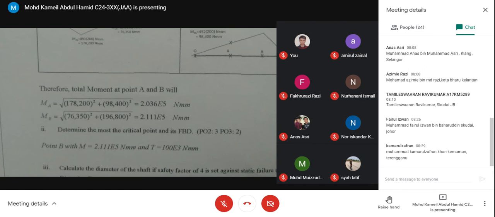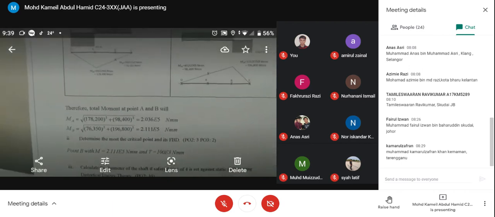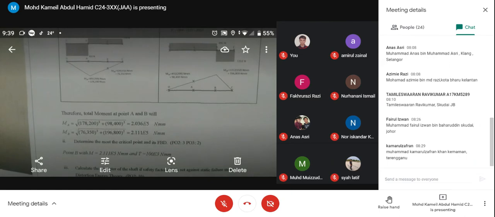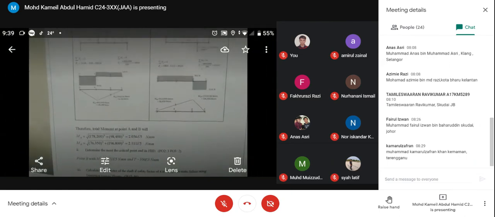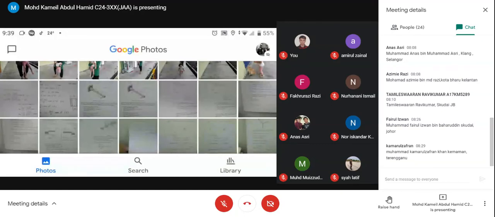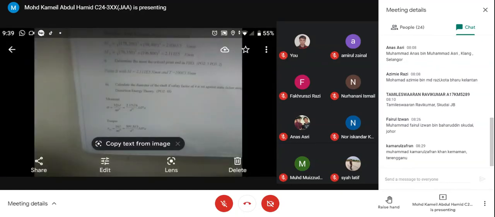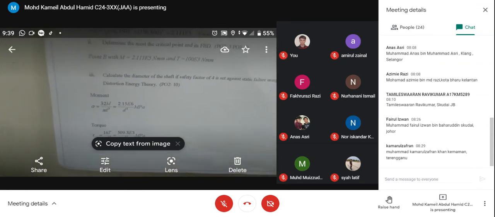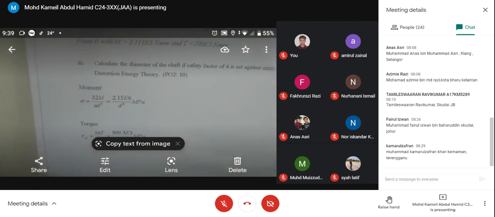So this is what we have seen. Next, calculate the shaft safety factor. Calculate the diameter of the shaft if the safety factor of 4 is set against static failure using distortion energy theorem.